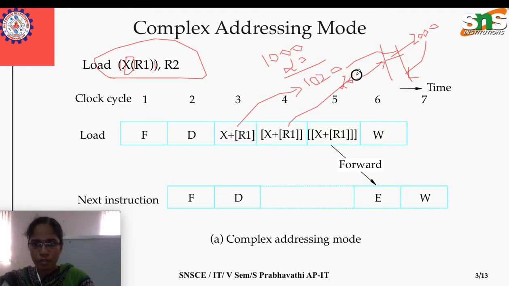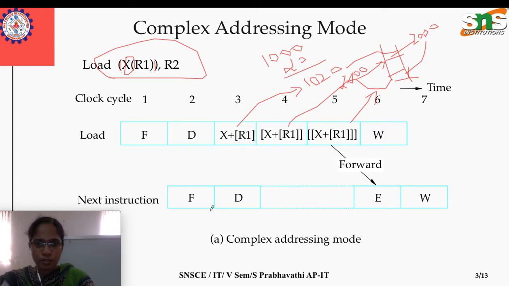So for this to happen, we need one more clock cycle, and in 2000 we need to get the operand value, is it not? For that we need one more clock cycle, okay. So 3 clock cycles we need to execute this instruction, and finally whatever the value is there, we are going to store it in the R2 register, okay.